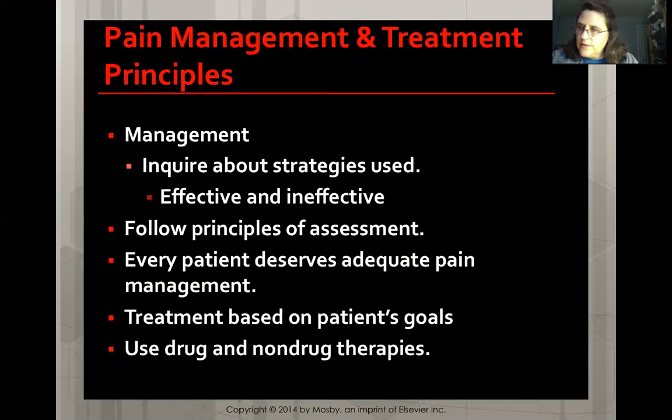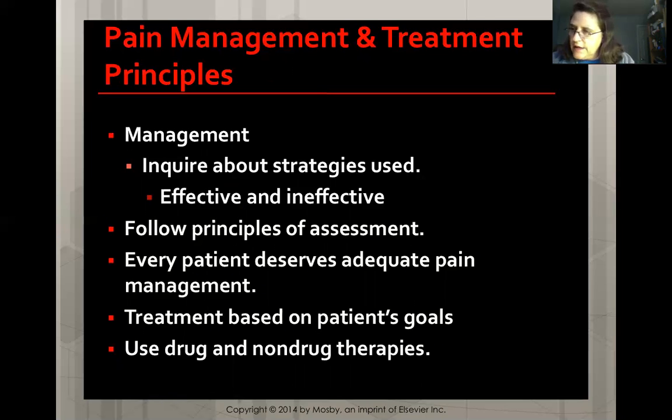We follow the principles of assessment. We also look at every patient and know that they deserve adequate pain management. We look at patient and family beliefs, their attitudes, their culture, and their expectations. And that influences the way they respond to pain and pain treatment.